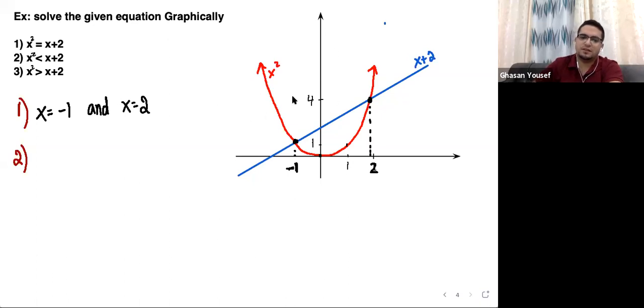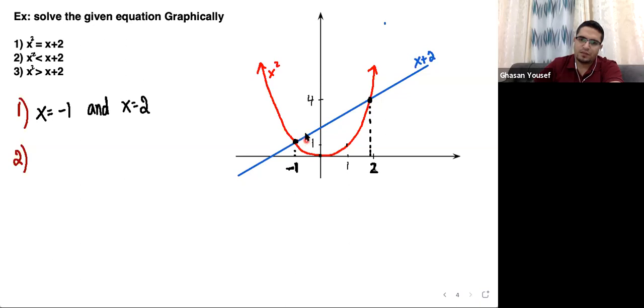In which interval? If we start from here, we will see the blue one is down from the red one. Look, the blue is down. It's not above. The blue is below the red one until this point.